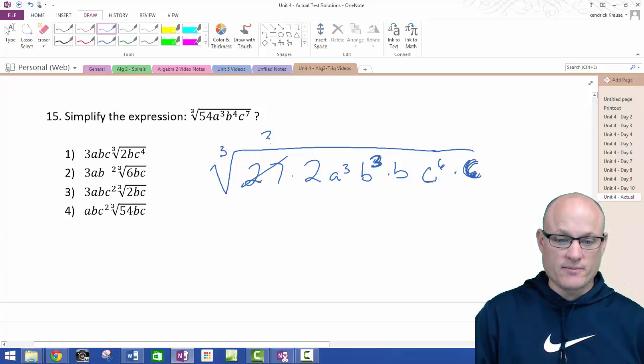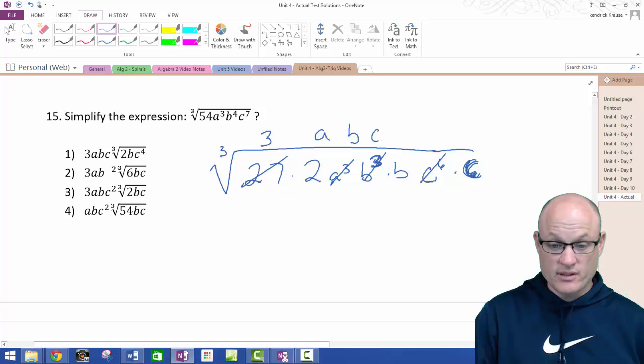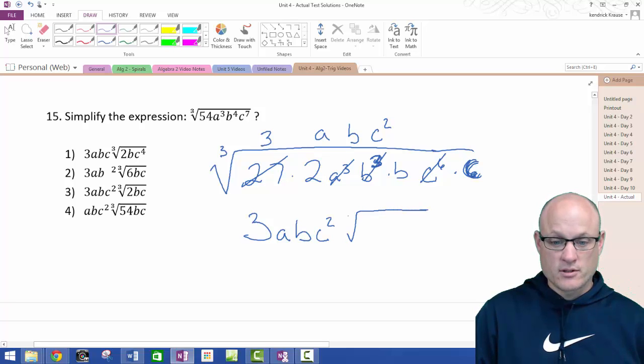Cube root of this is 3. The cube root of this is A. The cube root of this is B, and the cube root of this is C squared. So I end up with 3AB C squared, cube root of 2BC.